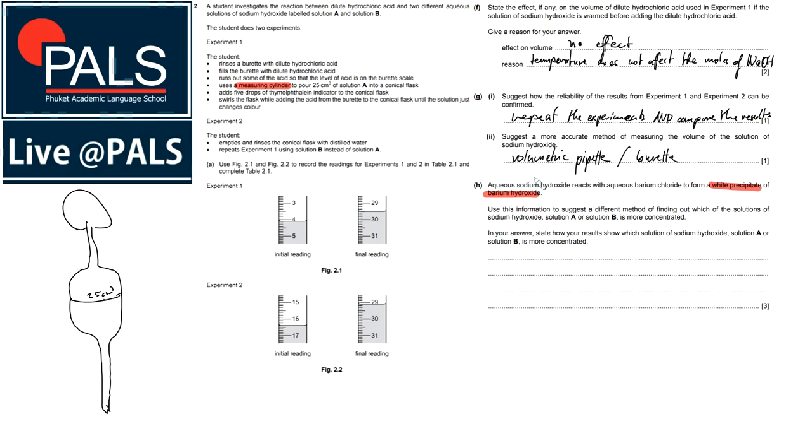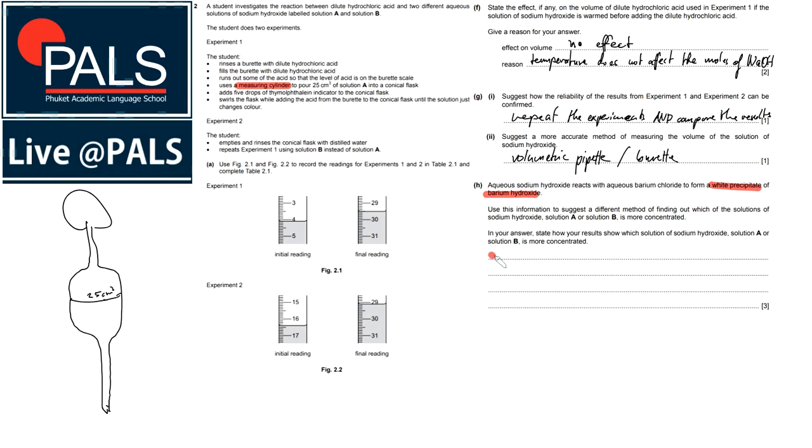Important here is that we would have to add an excess of aqueous barium chloride solution to solution A and solution B. And again, we would use equal volumes.